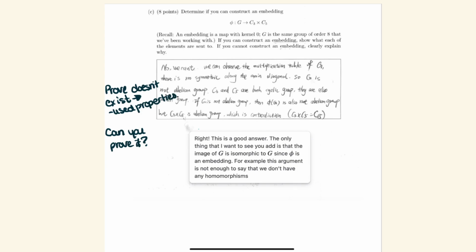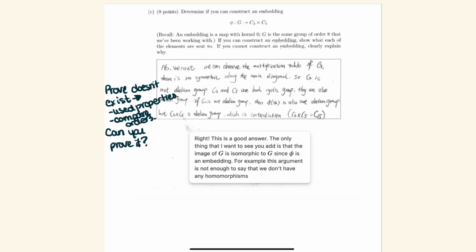Another strategy that you can use is to compare orders, because we have a lot of divisional issues, right? So if we have an embedding, then the order of G has to interact with the order of C3 cross C5 in a certain way.